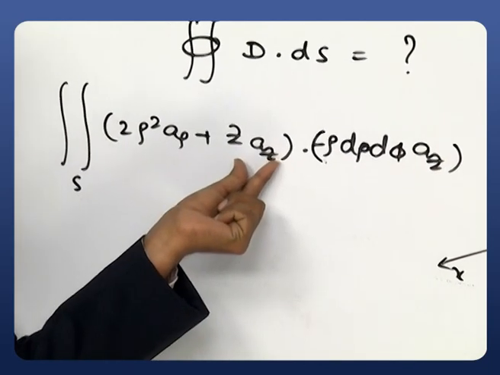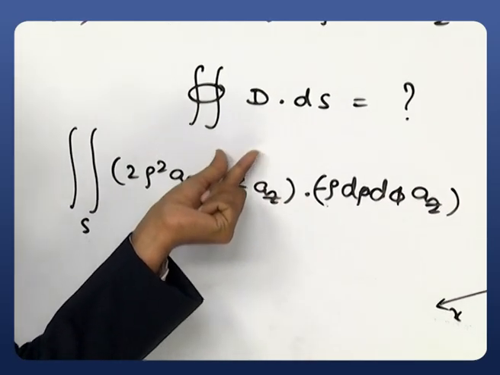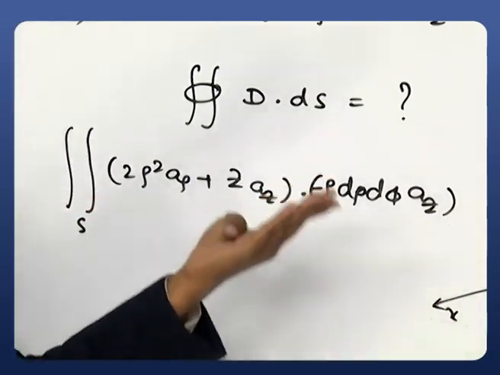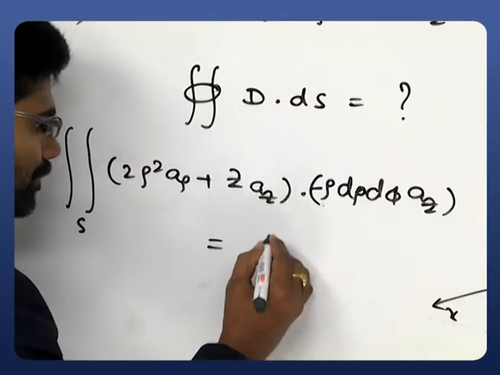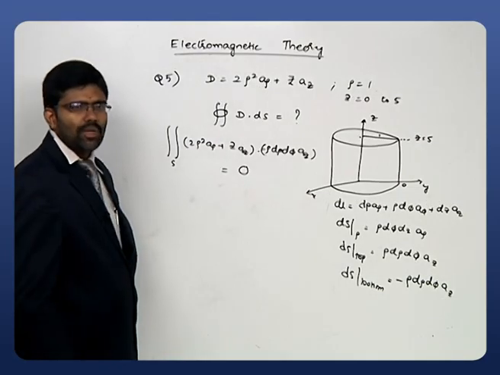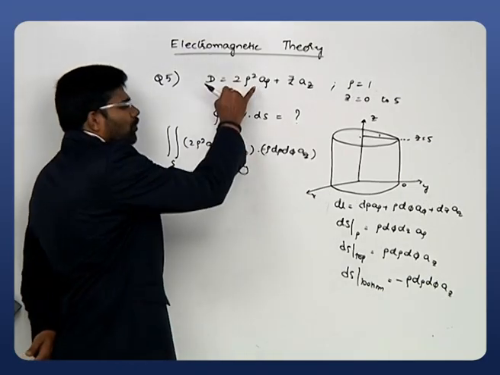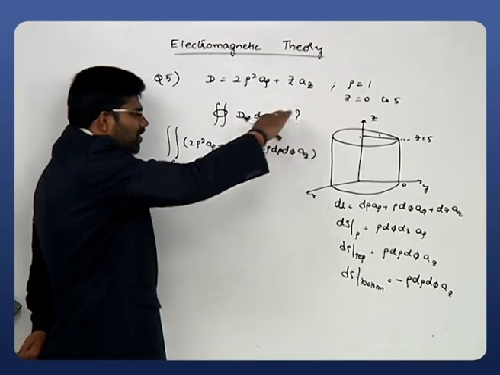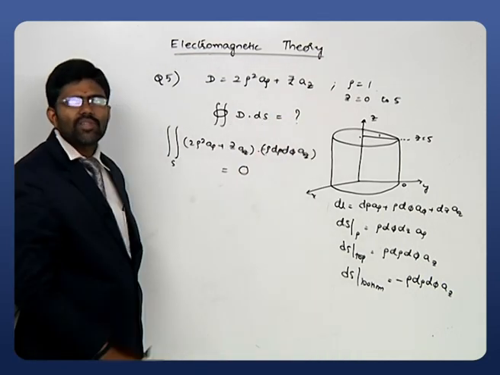Az dot az remains for us, and in that one we have z. If you substitute z equals 0, the total integral becomes 0. Now examine this one. We calculated the particular quantity along the curved surface of the cylinder, the top surface of the cylinder and the bottom surface of the cylinder.